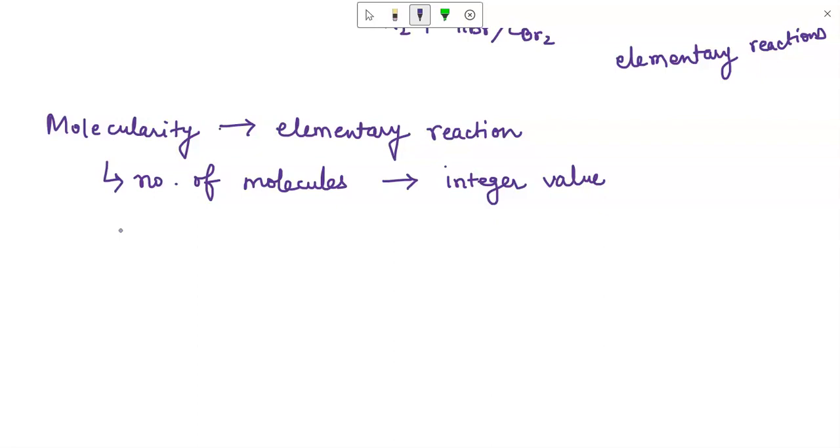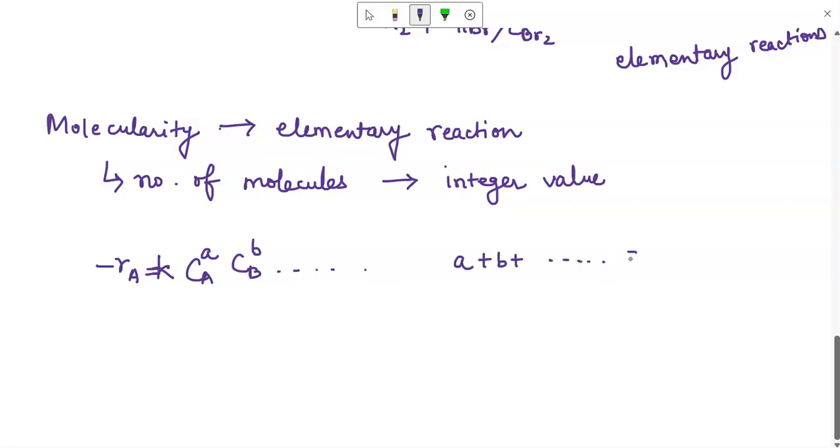So we often find that the rate of progress of a reaction can be approximated using this kind of equation, like you have seen in the rate expression. So rate constant, Ca to the power a, Cb to the power b, and so on. And this a plus b plus so on will give you a number, say n.